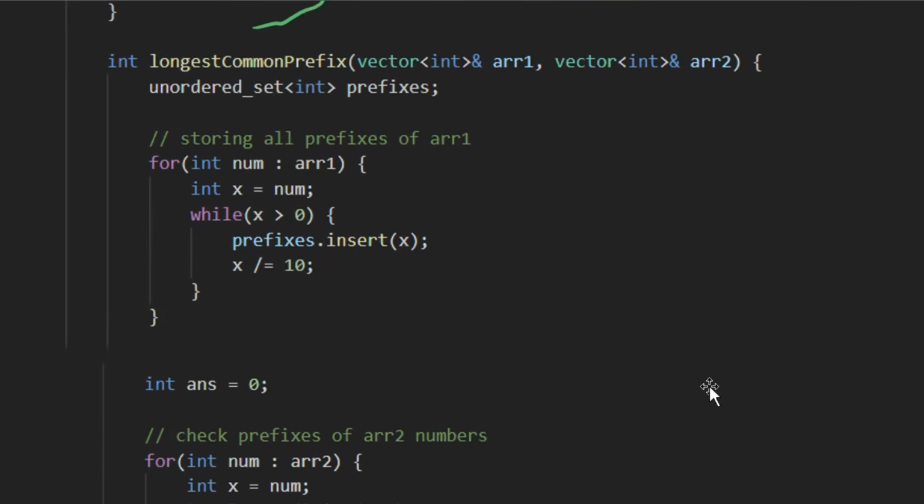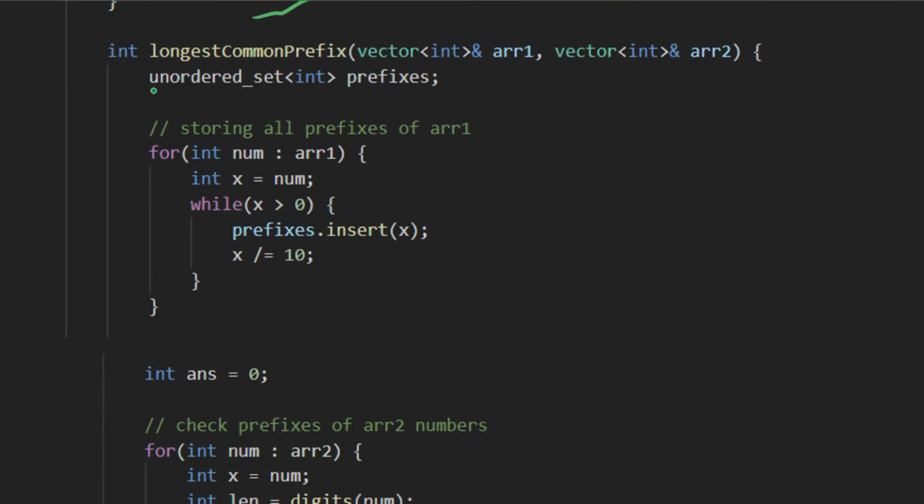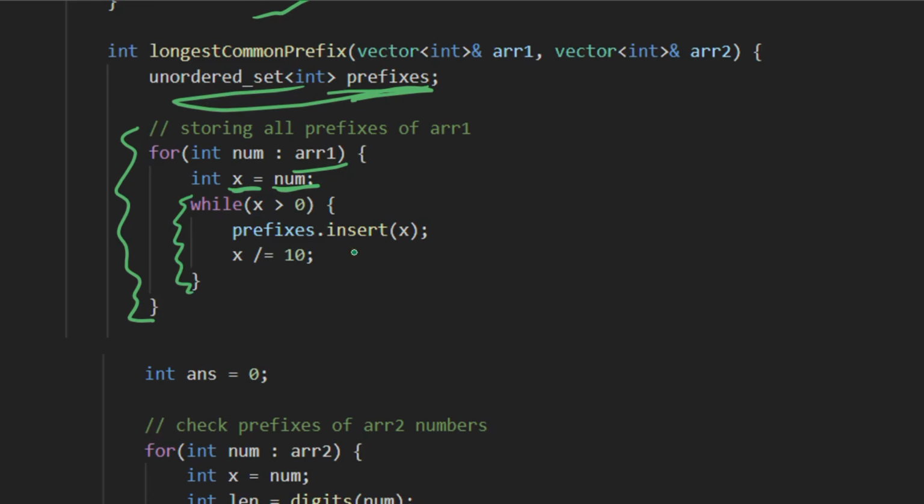In the main function we have taken an unordered set named prefixes, and then using this for loop we iterate over array1, pick a number, let's say x, take all the prefixes of x, and insert those prefixes into our unordered set, and we remove the last digit every time.